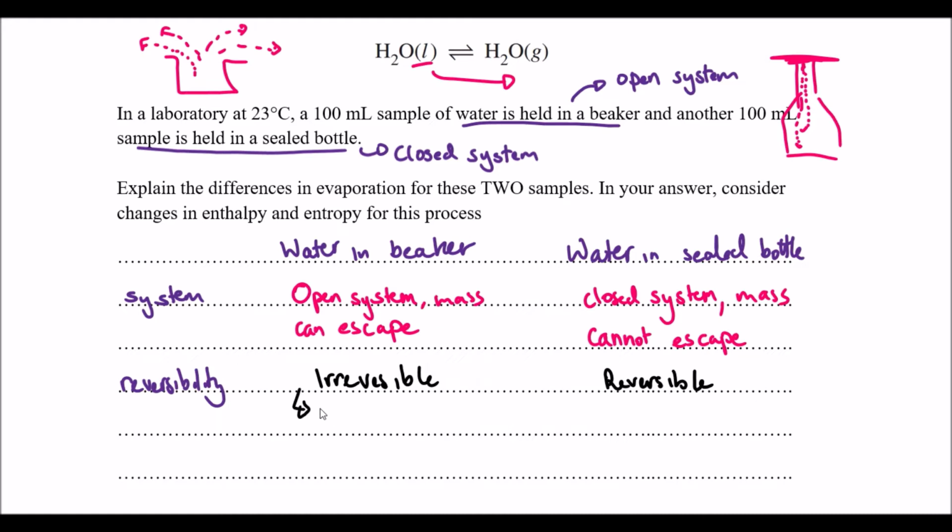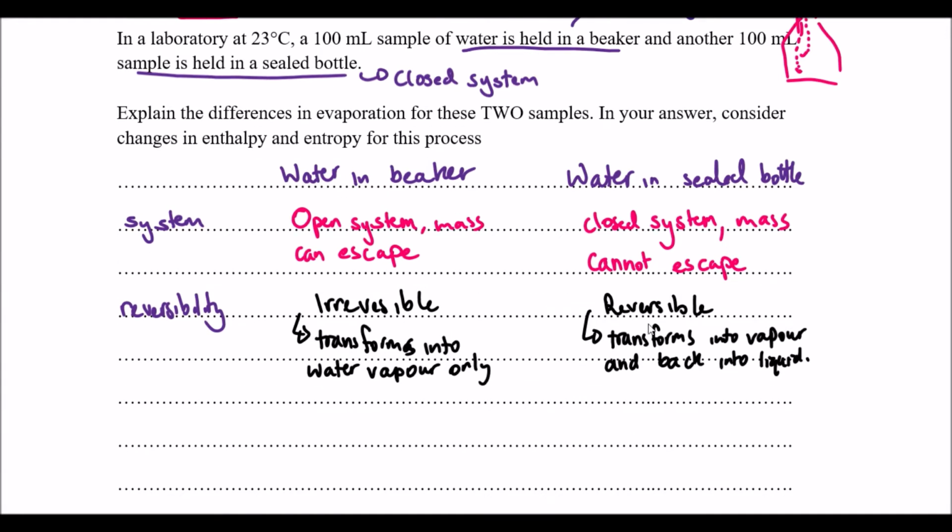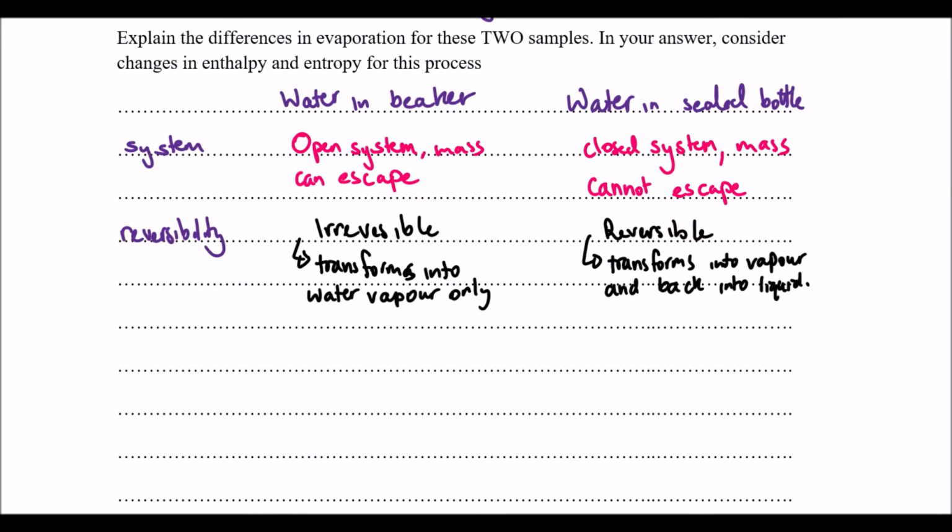We can say transformation: the beaker transforms into water vapor only, whilst this one transforms into vapor and back into liquid. So that's what we have. One's reversible, one's irreversible.